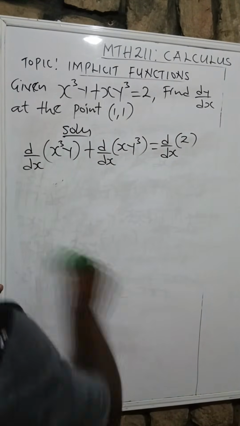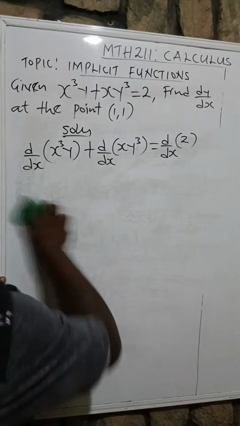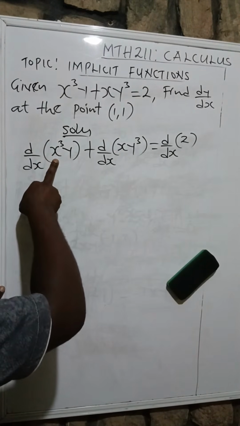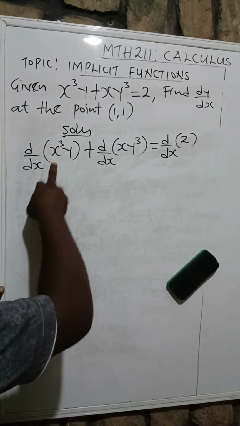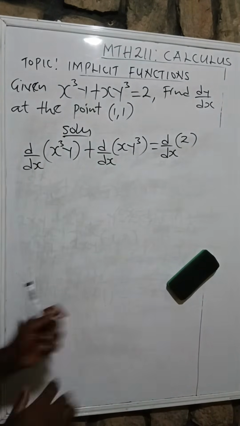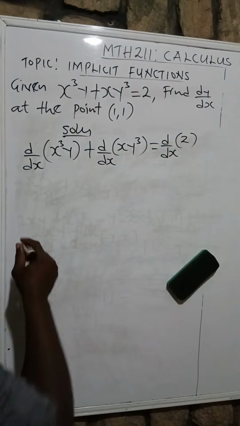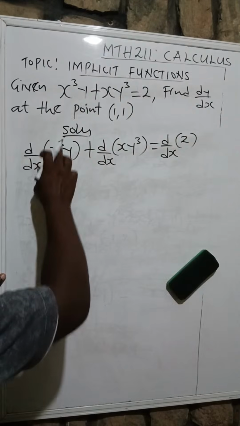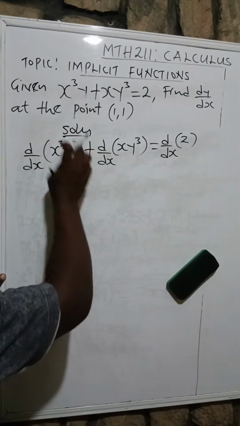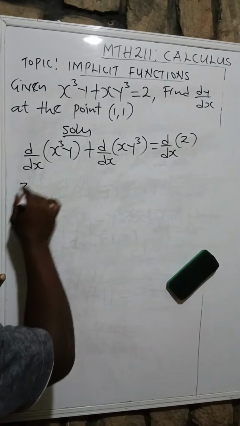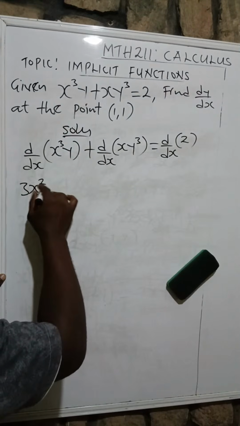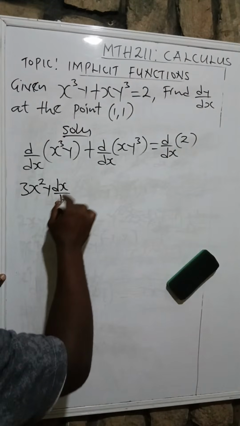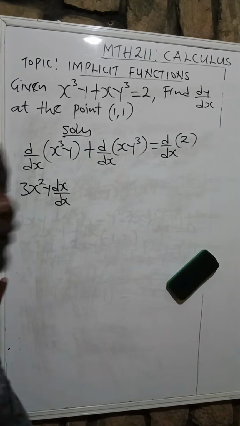So far, so good. Let us differentiate this. Note that we have two functions here, x and y. If we differentiate x cubed, we have 3x squared, times y, so 3x squared y dx over dx.